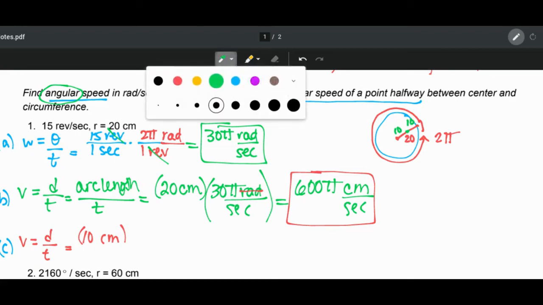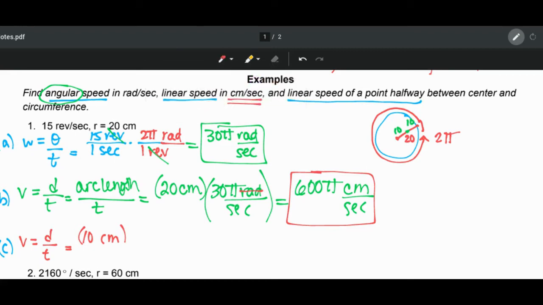So we're going to use 10 centimeters as our radius now, and it's going to have the same angular speed as before. That gives us 300 pi centimeters per second, and again, you can leave off the radians.